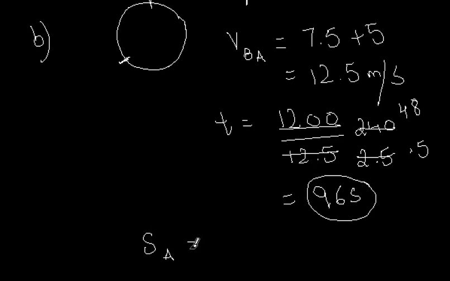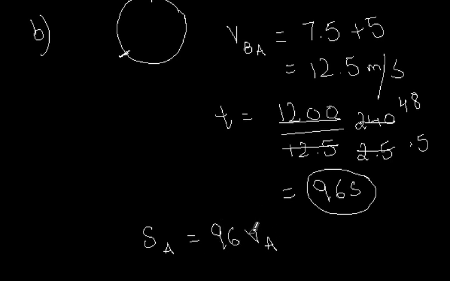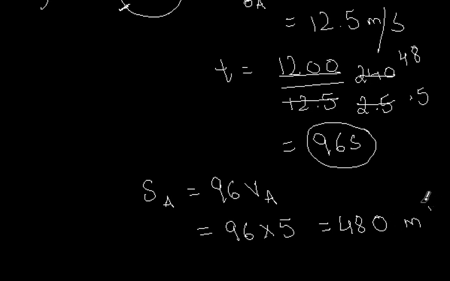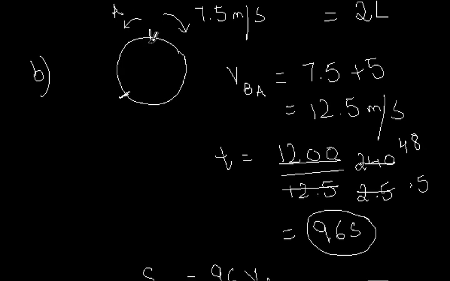So distance traveled by A in 96 seconds is time into speed of A. So 96 into 5, which is 480 meters. Now they are meeting for the first time at a distance of 480 meters anti-clockwise from the starting point.